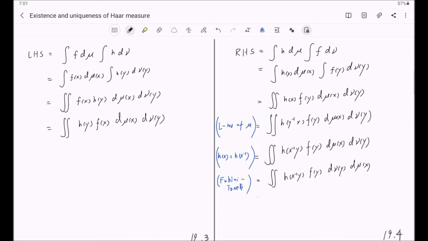So let us make a little transformation. We turn this to f of x inverse times x times y d nu y d mu x.